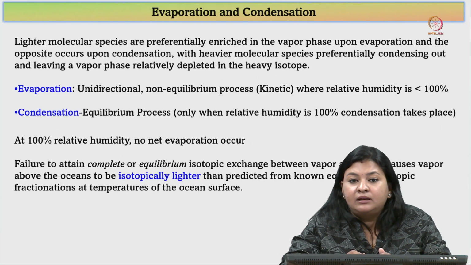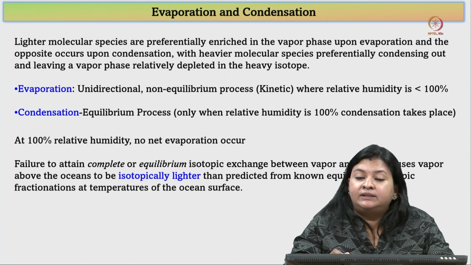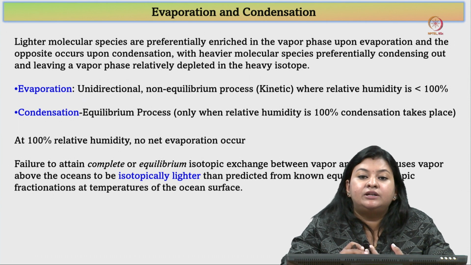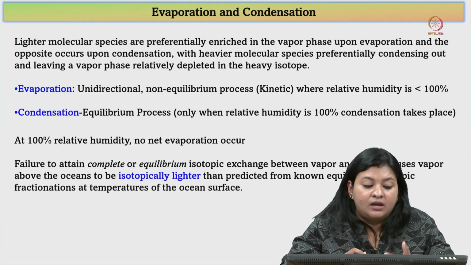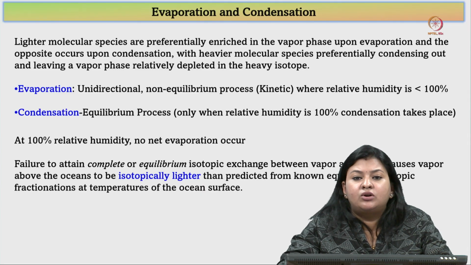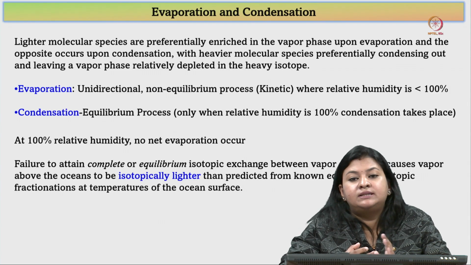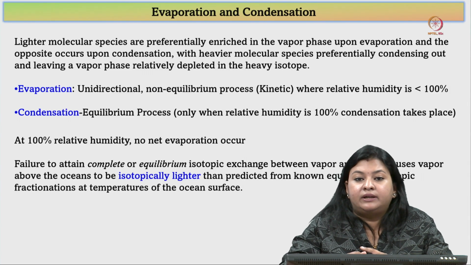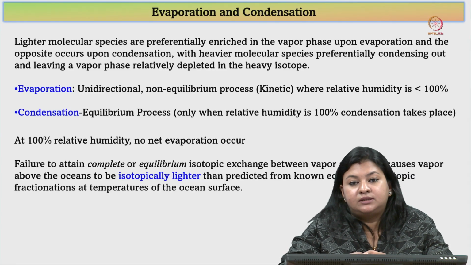Evaporation happens where relative humidity is less than 100%. It is a continuous process. Condensation is not a continuous process. Condensation is an equilibrium process, only occurring when the relative humidity is 100%.